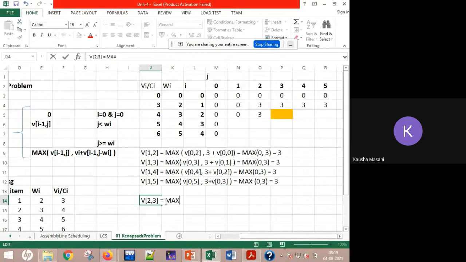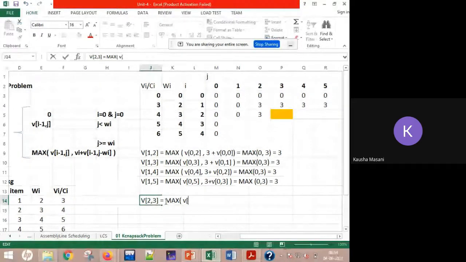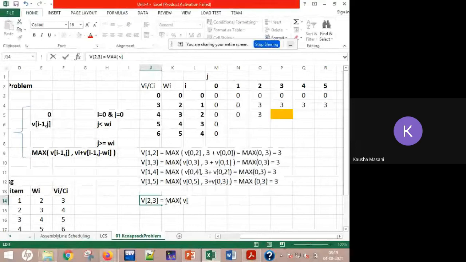Max of V of I minus 1. I is 2, so 2 minus 1, that is 1, comma j value 3. Right? V of I, what is the weight or cost value at 2? 4. Plus V of I minus 1, so again 1, comma j value 3 minus weight 3, that is 0.